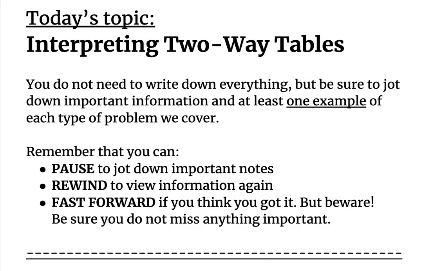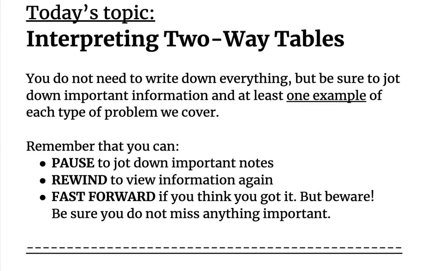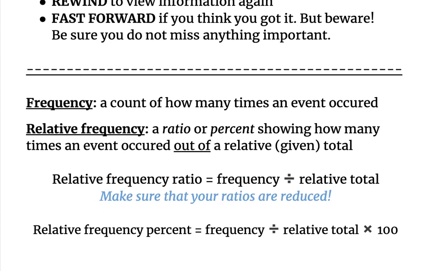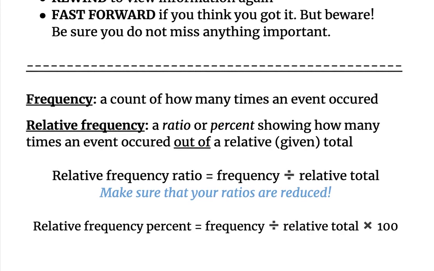Alright, so today's lesson is basically interpreting the meaning of two-way tables. So as a reminder, frequency, when we talk about just frequency, is a count of how many times an event has occurred. Relative frequency is going to be in a ratio or percent, showing how many times that event occurred out of a relative total.